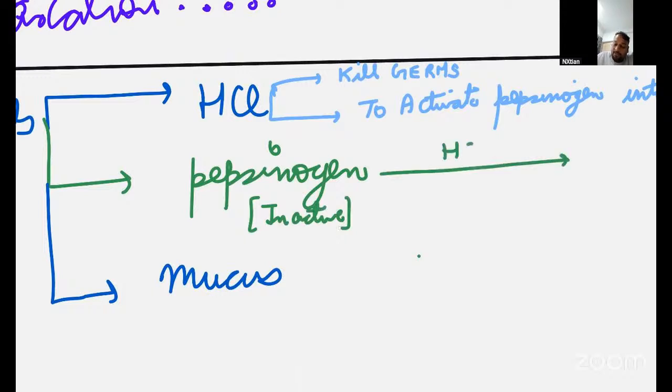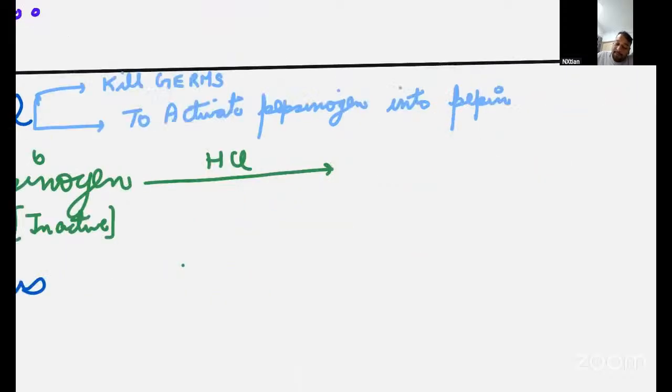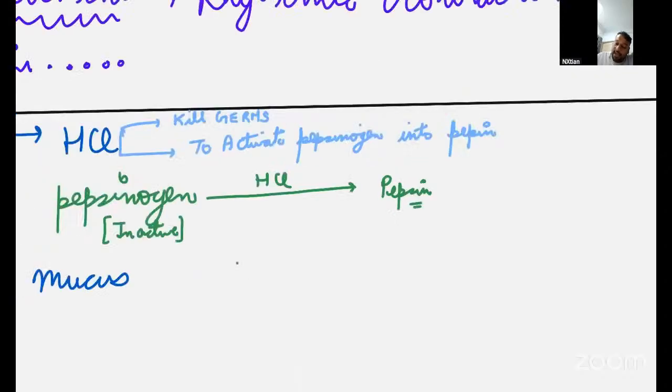HCl will convert it into pepsin. Yes, pepsin. So this pepsin is basically the active form. Are you getting this? Say yes or no.